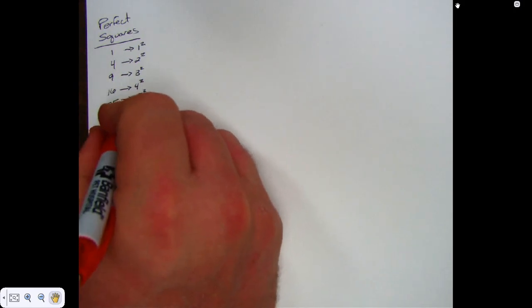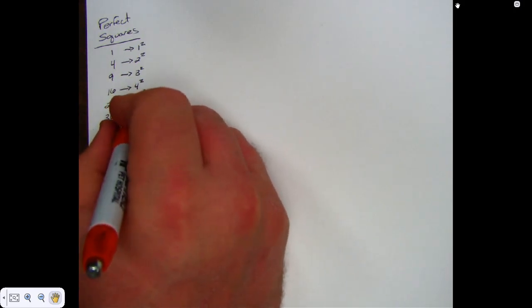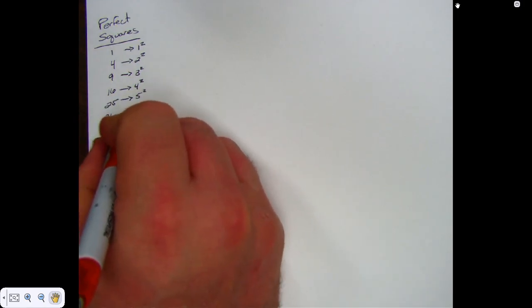What is 6 squared? 36. That's why 36 is a perfect square. Why do you think 49 is a perfect square? 7 squared. 64 is 8 squared.